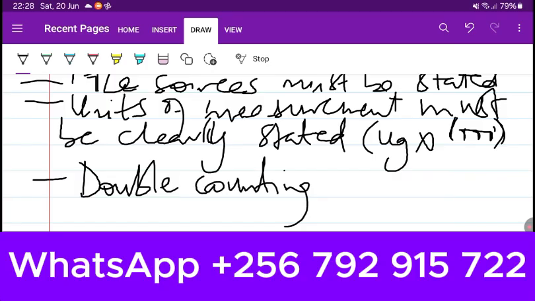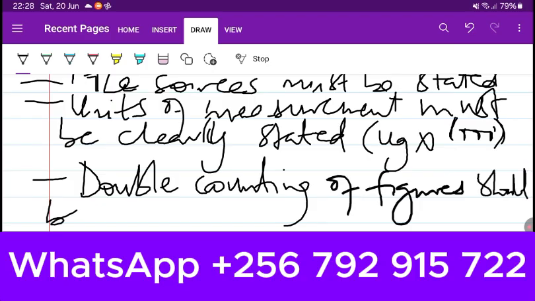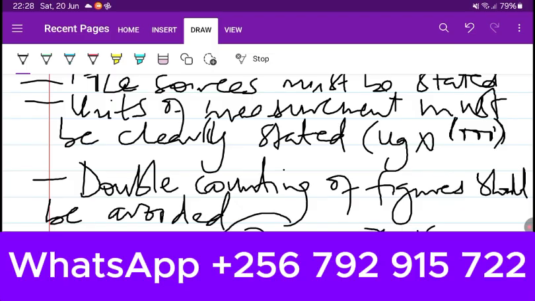Double counting of figures should be avoided because it creates a misleading presentation. If instead of writing 2 million you end up writing 4 million, it means you are going to provide misleading information.